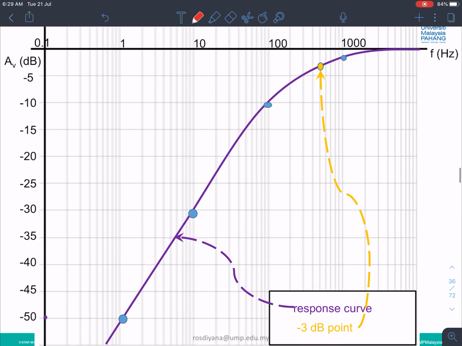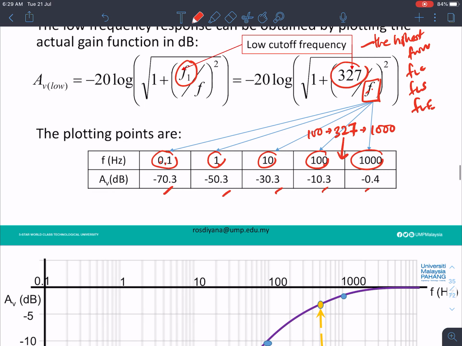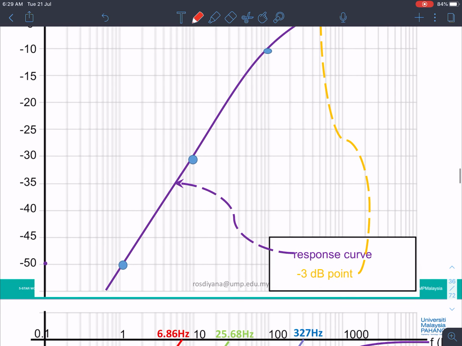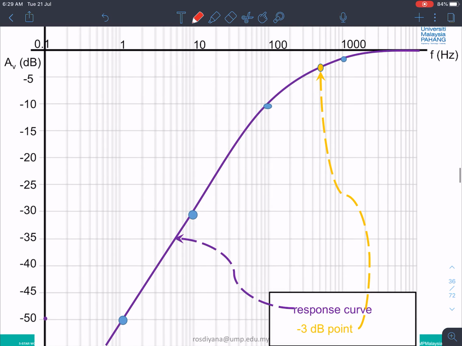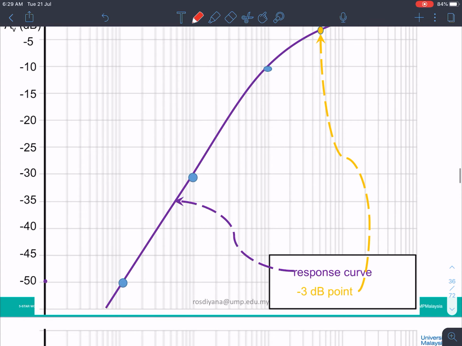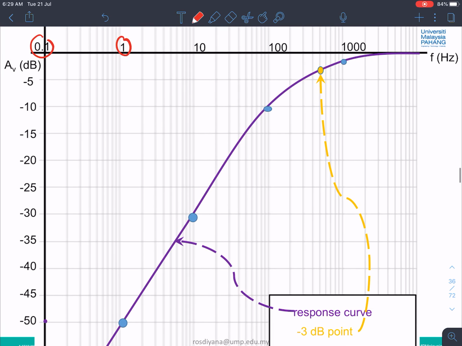Then we plot this value. When I plot, for frequency equal to 0.1, that is not enough for this curve, so 10, 100 and 1000.